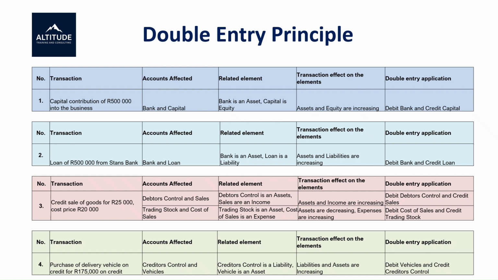The effect of this transaction on the elements of financial statements is that both the liabilities and assets are increasing. Then in applying the double entry, we are going to debit vehicles because a vehicle is an asset and assets increase on the debit side. We are going to credit the creditors control. Creditors control is a liability and liabilities increase on the credit side.